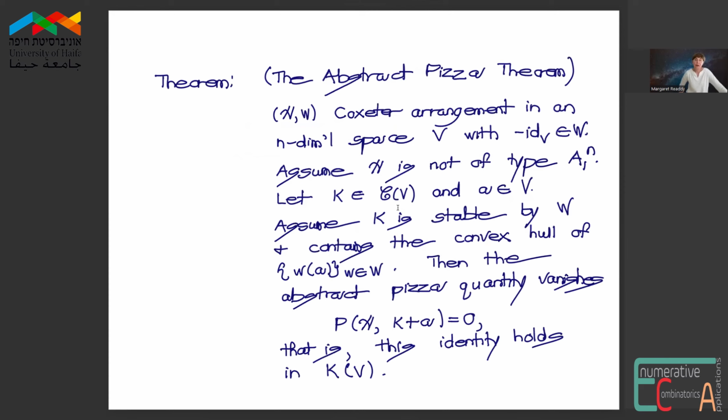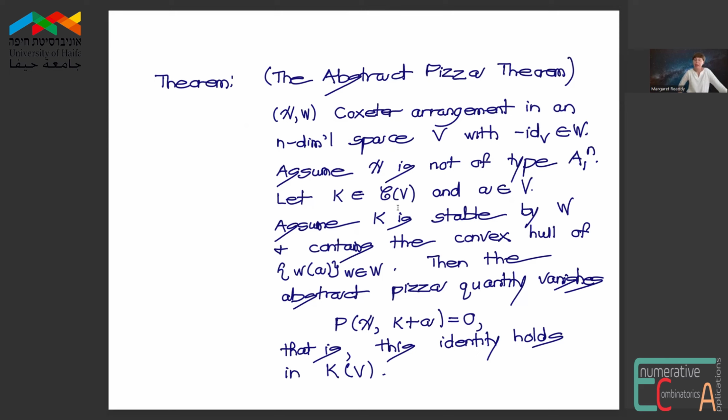All right, so now let's state the abstract pizza theorem. Again, now we're in a Coxeter arrangement in an n-dimensional space. The negative of the identity is in the group. Again, we're assuming it's not type A1 to the n.